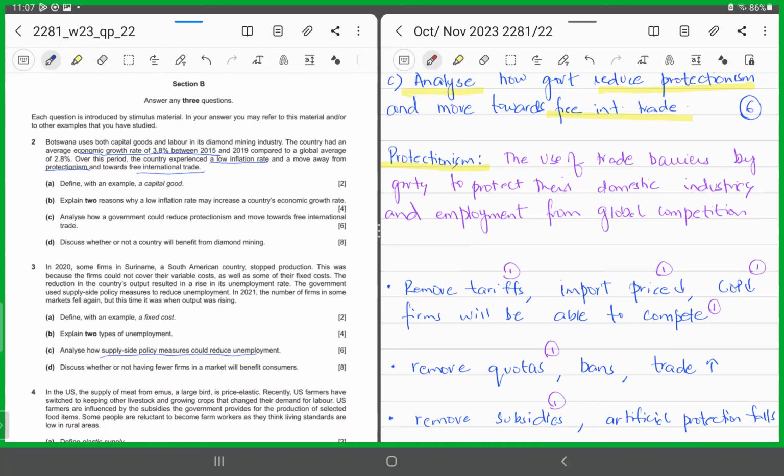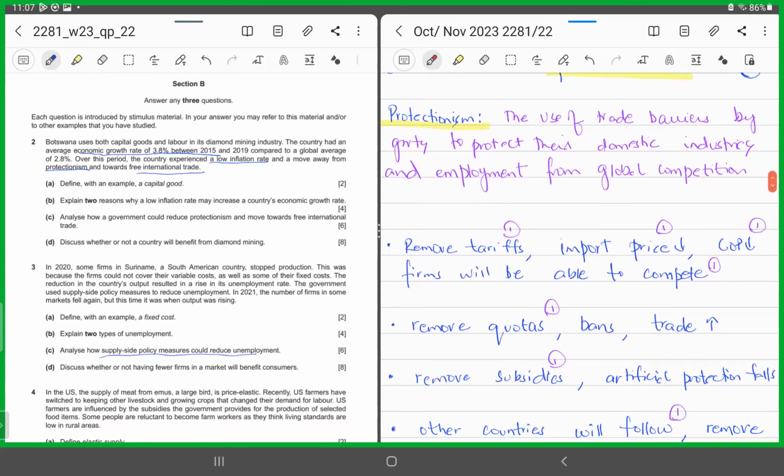You can say by removing tariffs. What would happen? The price of imported goods would fall. If those imported goods are part of the production process of goods used by your domestic industries, it could be a key raw material. So the cost of production will fall and firms will be able to compete, right? So if you mention each of these 4 points that I mentioned in my first bullet, you get straightforward 4 marks.